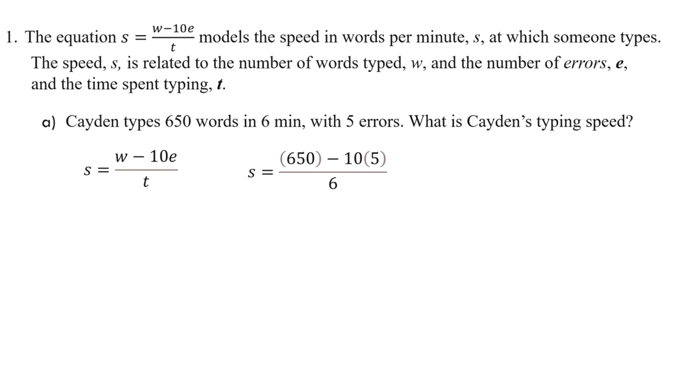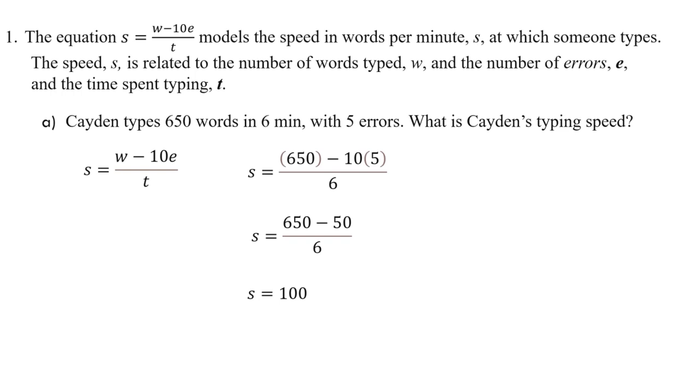Well, we replace the number of words he typed, 650, for W, and the number of errors, 5, and the number of minutes, 6. So our equation looks like this. Simplifying a little bit, and further reducing it eventually gives us a typing speed of 100.